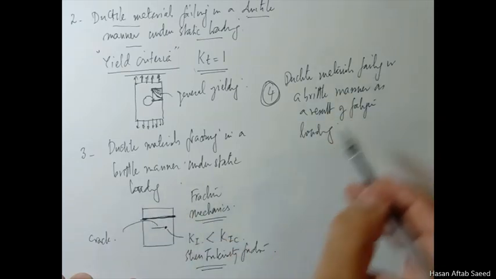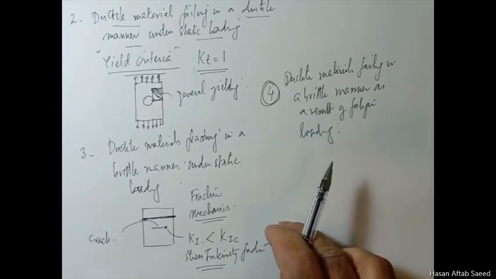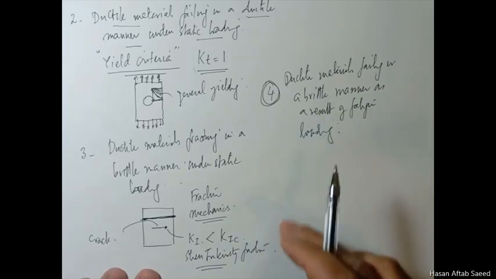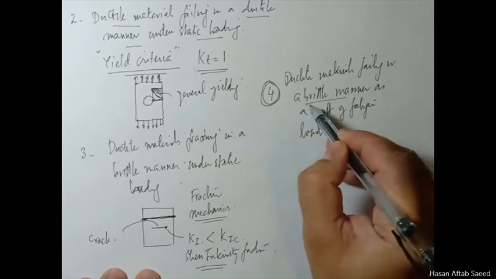This was also brittle, but this is something else. The loading is not monotonic, it is not static, it is changing. It is tension, compression, or different levels of tension. Now in this case, still the failure is a brittle failure.